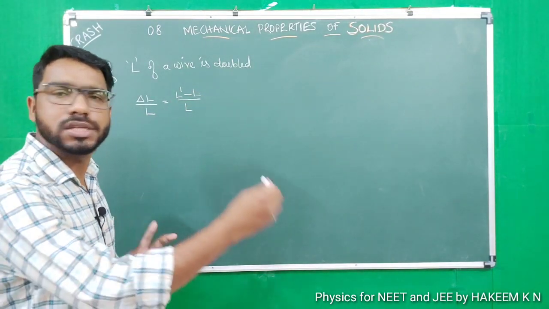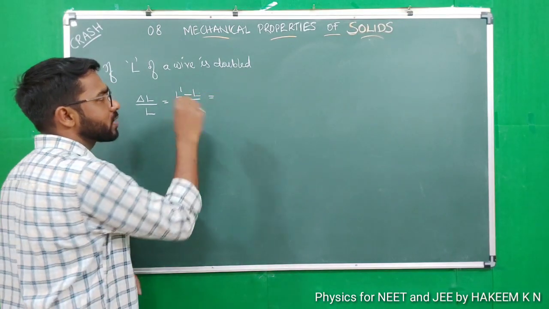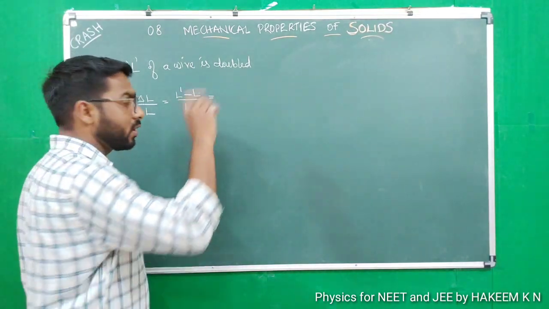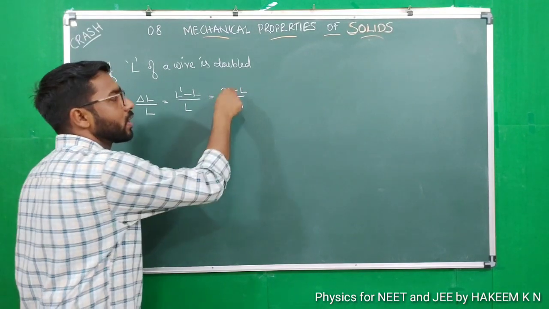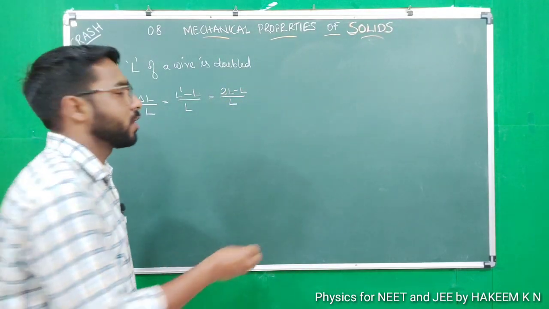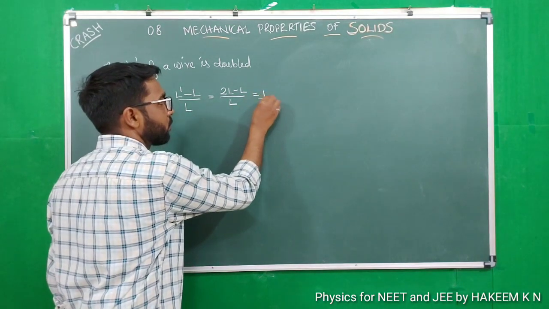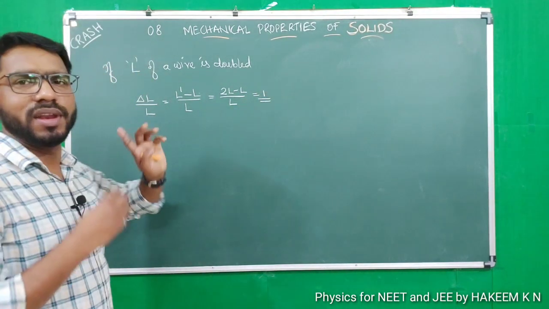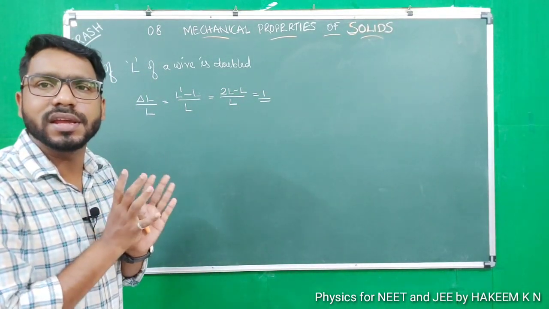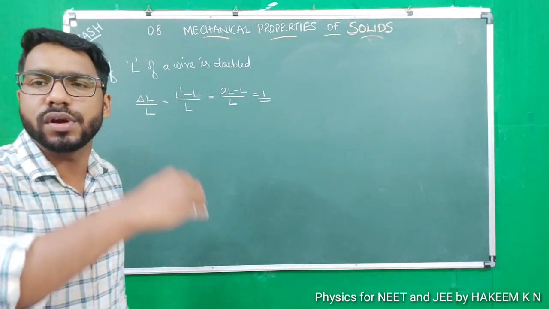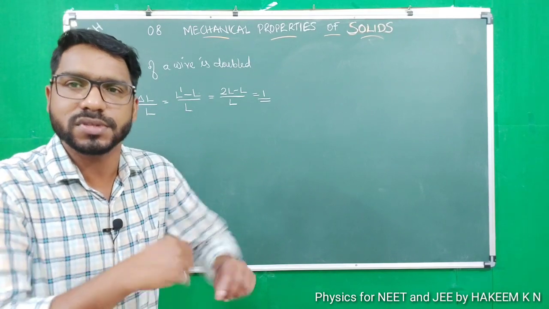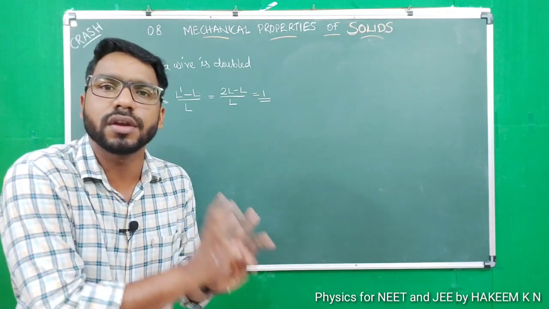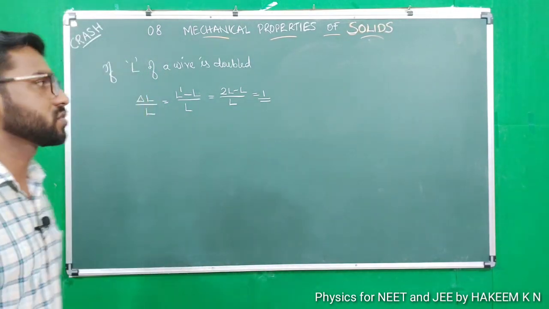Length of wire is doubled, then final length will be 2L. 2L minus L by L, we will get L by L, that is 1. So if the length of a wire is doubled, then linear strain is 1. If you convert it into percentage, you will get 100% change in length, because length is doubled.